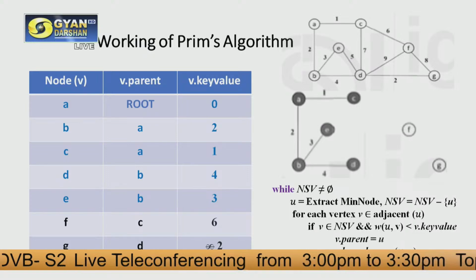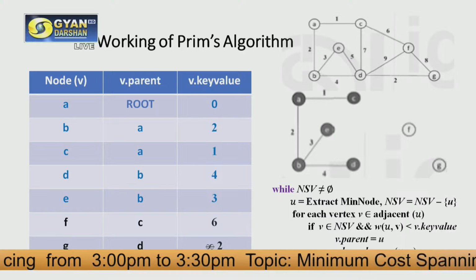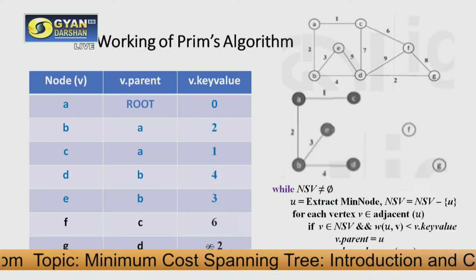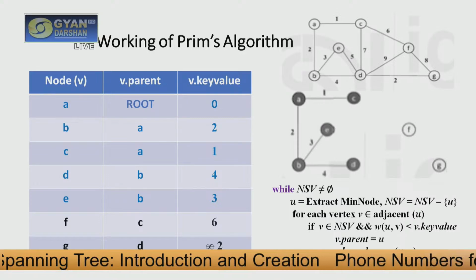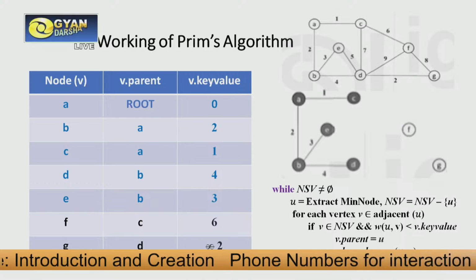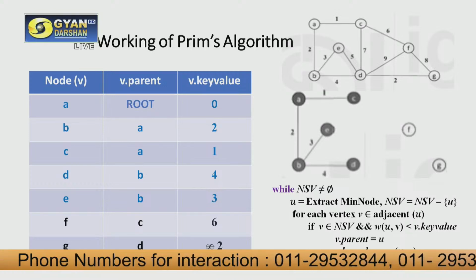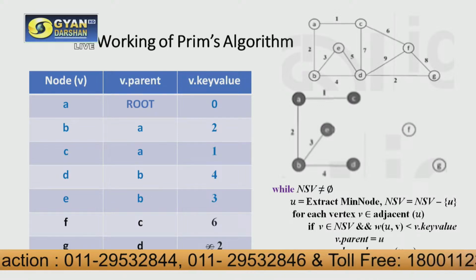So once we included D, there is a direct path from D to F and D to G, but the cost of D to F is 9, whereas the cost to reach F from C is 6, so there will be no change in that case. And the cost to reach from D to G is 2, and earlier it was infinite, so it will be modified to 2.